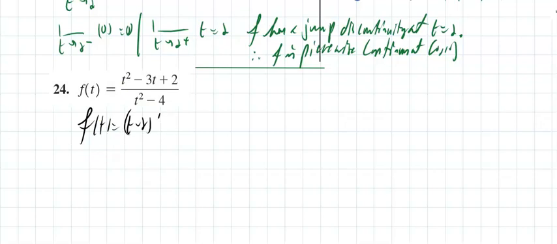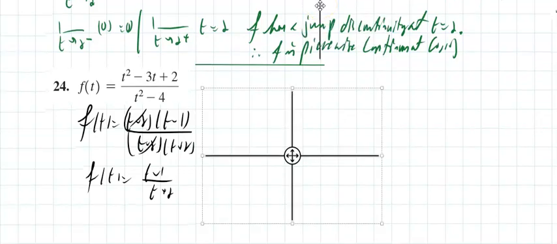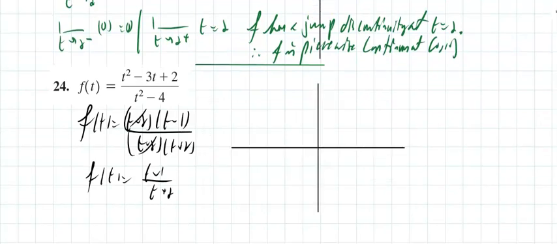This is t minus 2 into t minus 1 over t minus 2 into t plus 2. These cancel out. So if I look at the graph of this, vertical asymptote at x equal negative 2, horizontal asymptote y equal 1. If x equals 0, I get negative 1/2 and a 1.